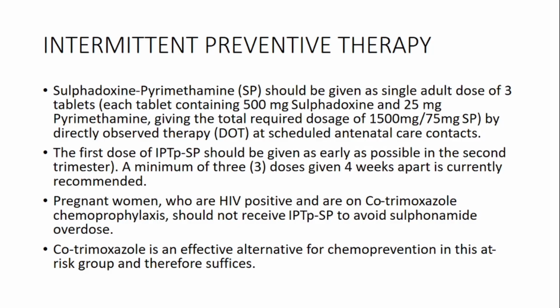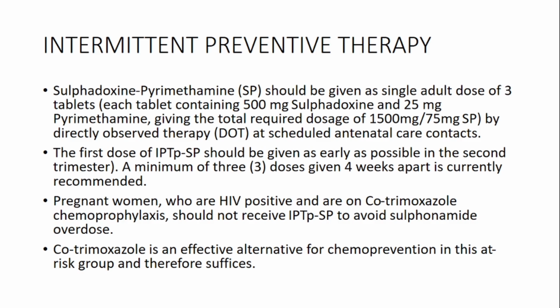So the intermittent preventive therapy for malaria, I'll briefly talk about this. It involves the use of sulfadoxine pyrimethamine, and it's briefly the administration of anti-malaria drugs at therapeutic doses to asymptomatic pregnant women at predetermined intervals in order to clear a presumed placental parasitization and then prevent complications of malaria in pregnancy and beyond.